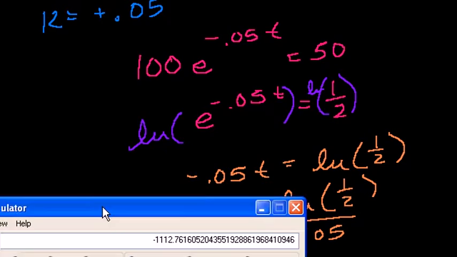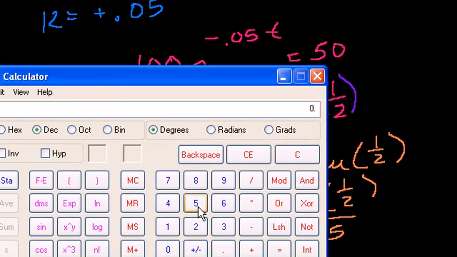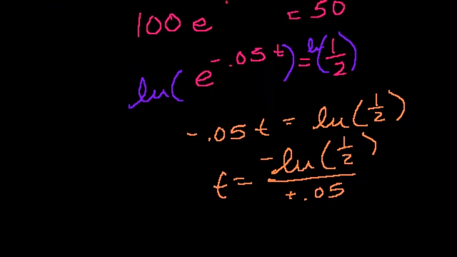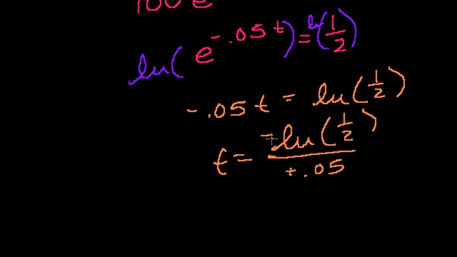So let's figure out what that is. Someone just made a comment, and I might as well do that. I could just put this minus up here. I could make this a plus and this a minus if I multiply the numerator and the denominator by -1. To make the calculator math a little easier, if you put a minus in front of a natural log or any logarithm, that's the same thing as the log of the inverse, 2 over 0.05.